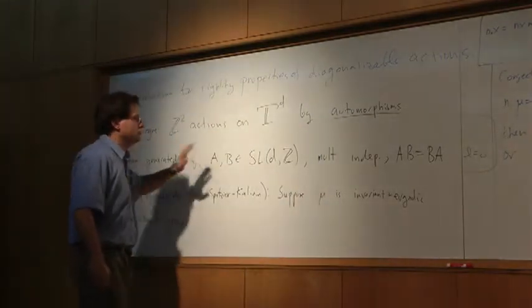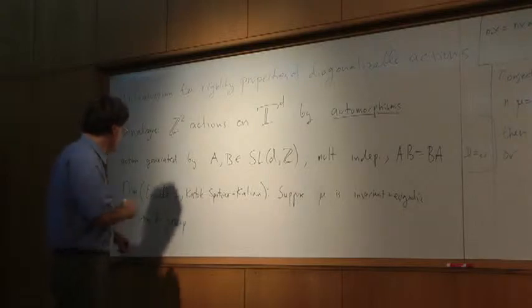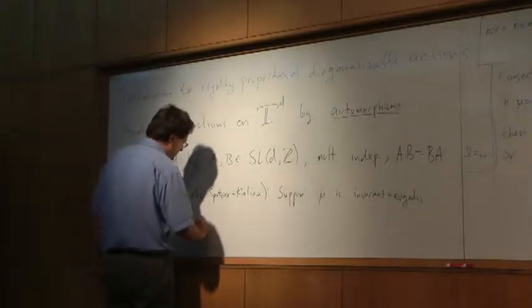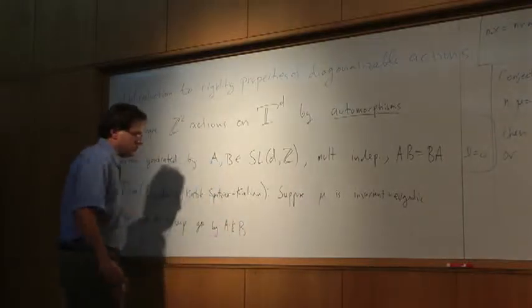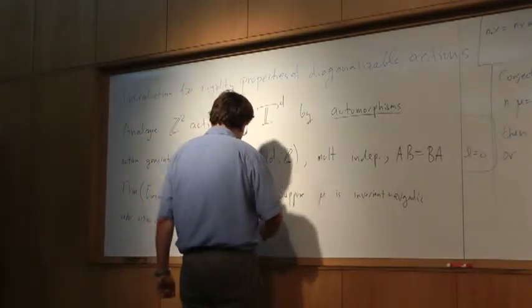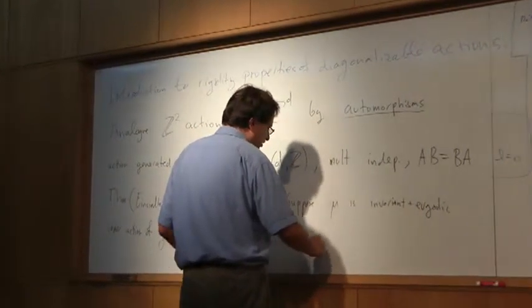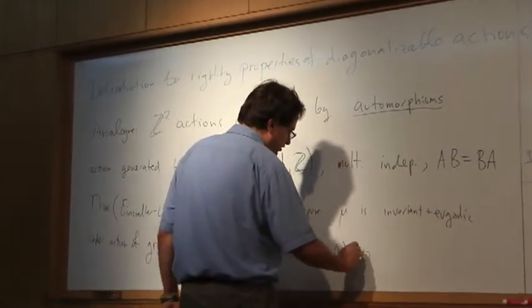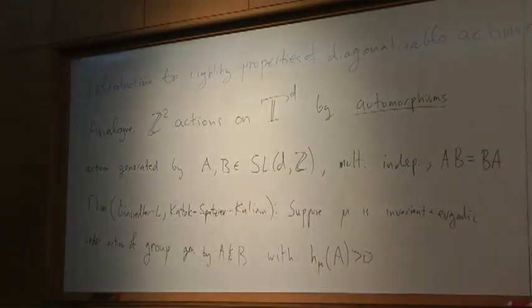So to get a Z^2 action, you need to assume that A and B are commuting, and that mu is invariant and ergodic under the action of the group generated by A and B. And mu is also a probability measure, with entropy of some element of the action, regardless of generalities, I take to be A, being positive. Now I need to make some kind of irreducibility assumption.